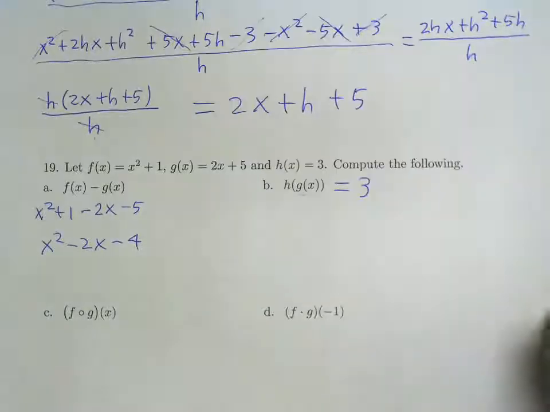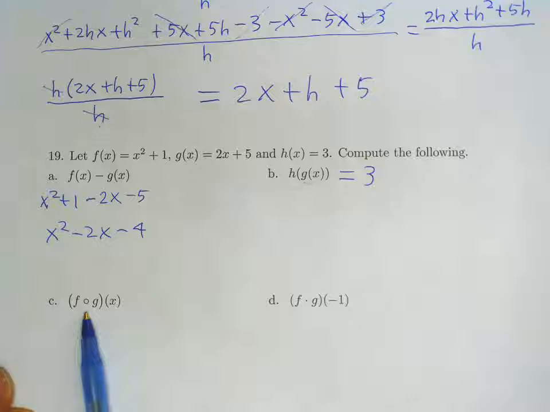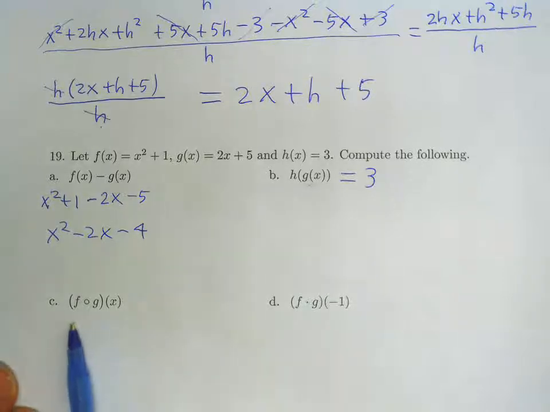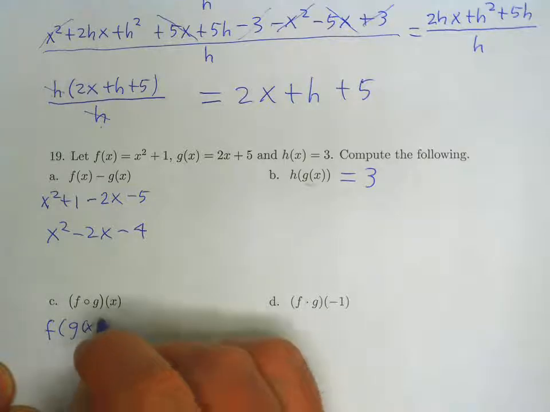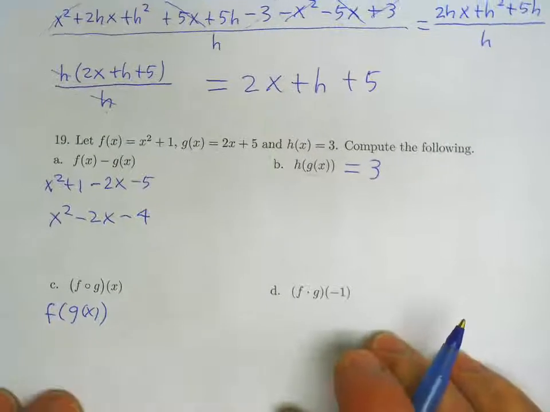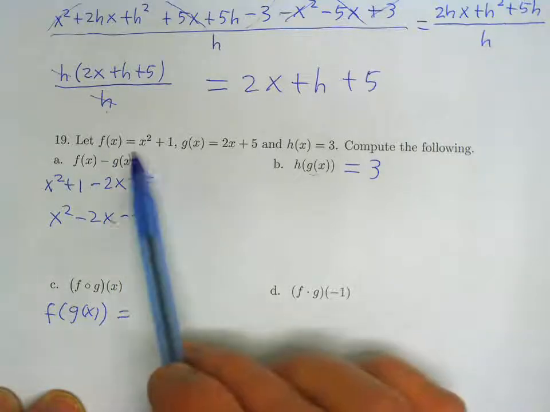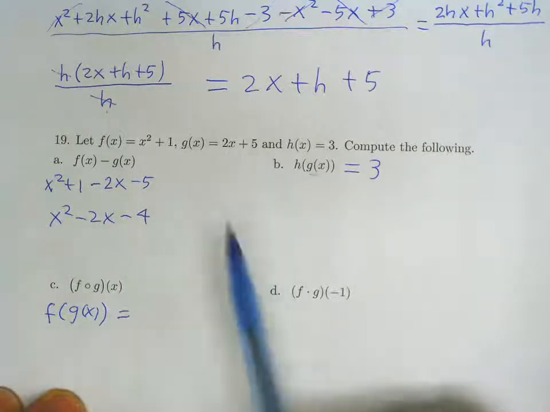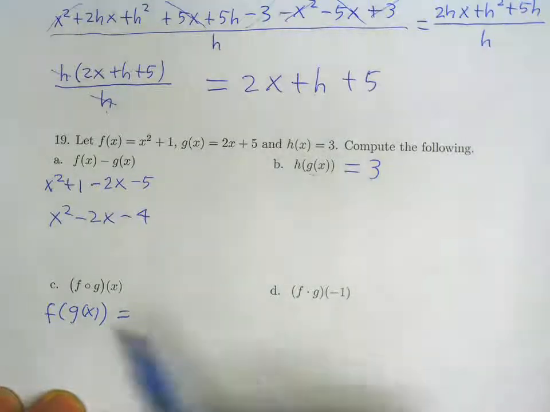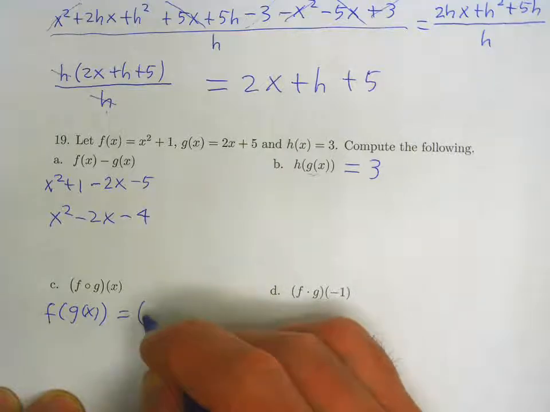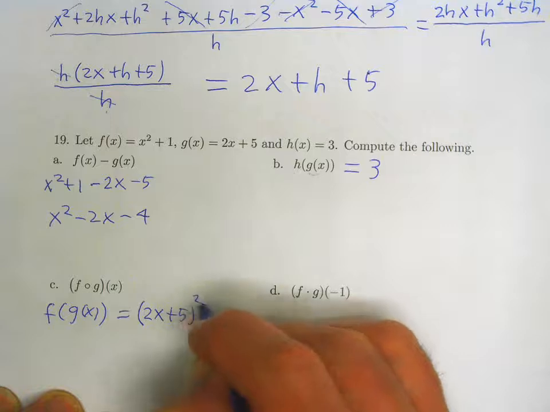no matter what. Okay, f of g of x, this is the notation for a composition of f and g, so it means f of g of x. So in the function f of x, we're going to replace x with what g of x is. So since f of x is x squared plus 1, f of g of x is what g of x is squared plus 1.